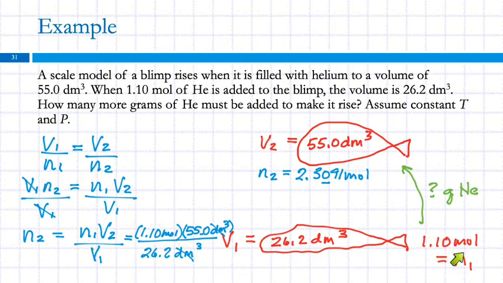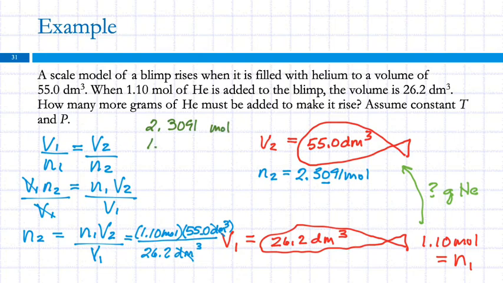So if I start with 1.1 moles, and I need to have 2.3091 moles, how many moles do I have to add? The difference, right? I want to end up with 2.3091 moles.